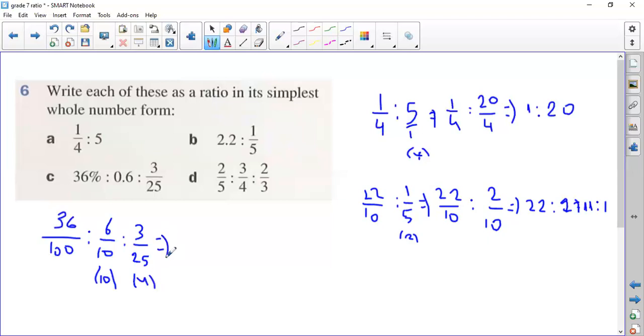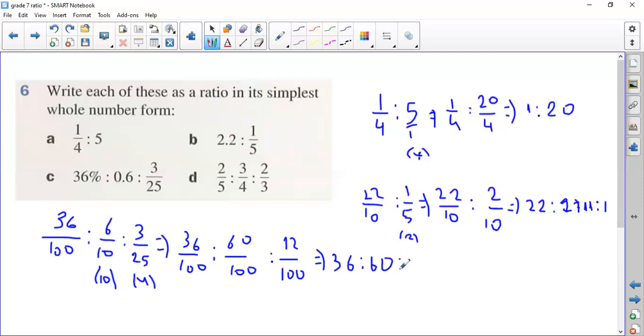So the new ratios will be 36 over 100, okay, to 60 over 100, okay, to 12 over 100. So since I equalized the denominators, I can write this ratio as 36 to 60, okay, to 12.